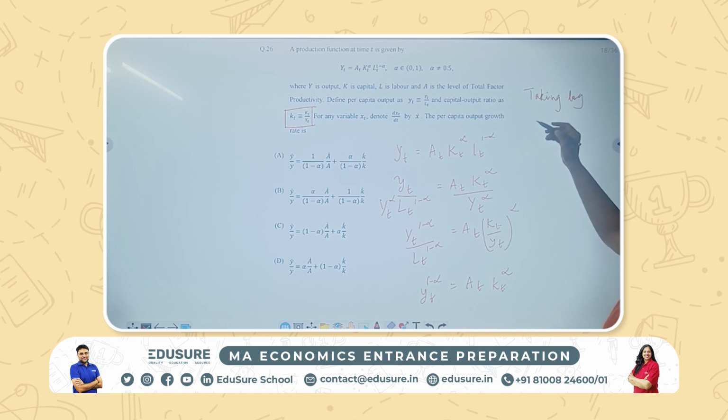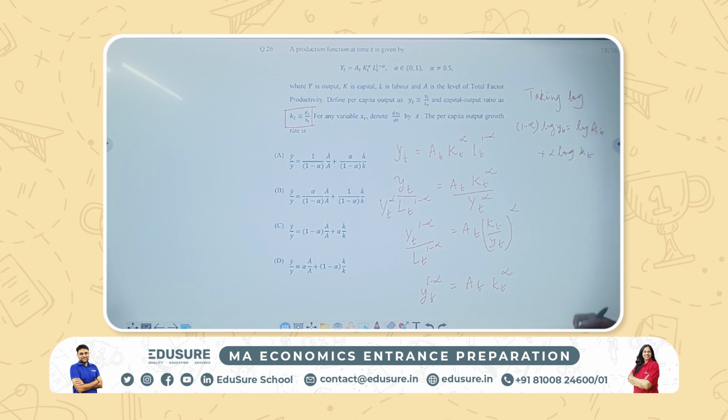If I take logs on both sides, this becomes (1 minus alpha) log y_t equal to log A_t plus alpha log k_t.